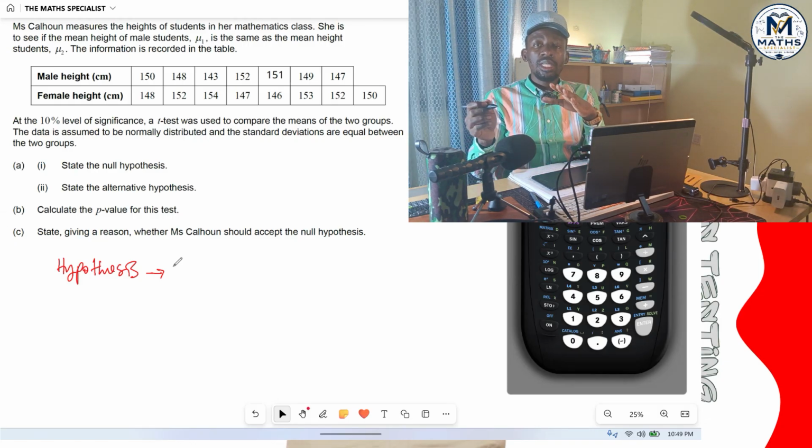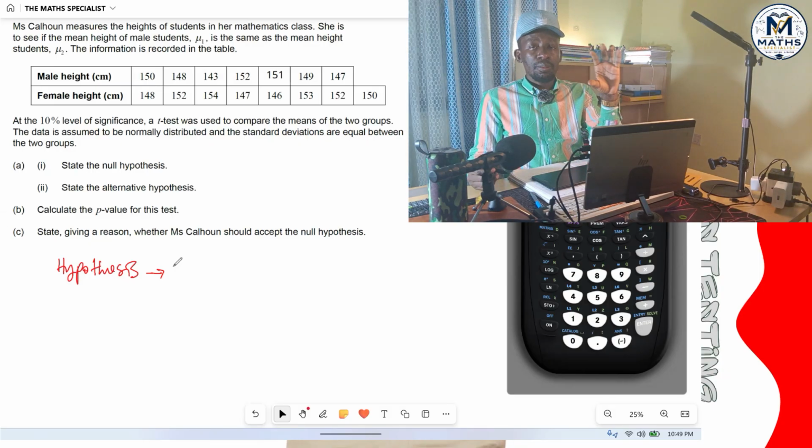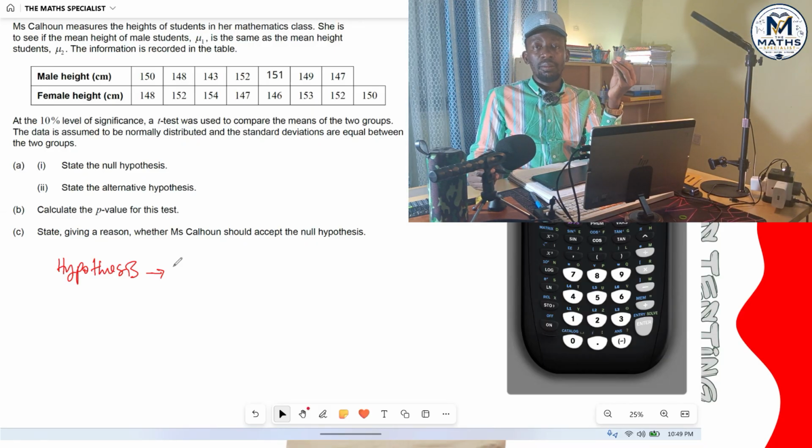So in all the IB questions related to hypothesis testing, in the initial part of the problem, the explanation is where we get the assertion, and where we get the hypothesis.